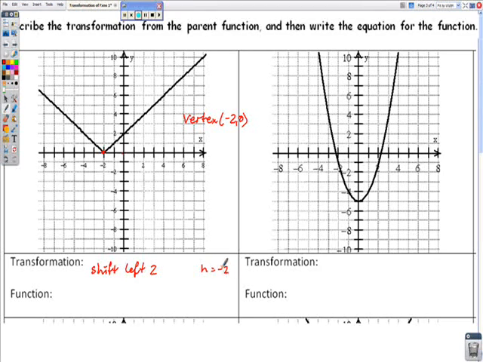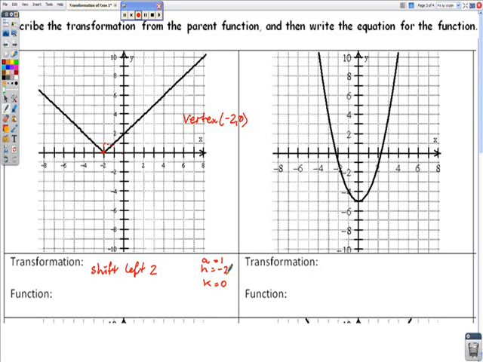H is left and right, horizontal. The slope is 1, so that means a is 1. And then k, there's no shift up or down, so k has to be 0.